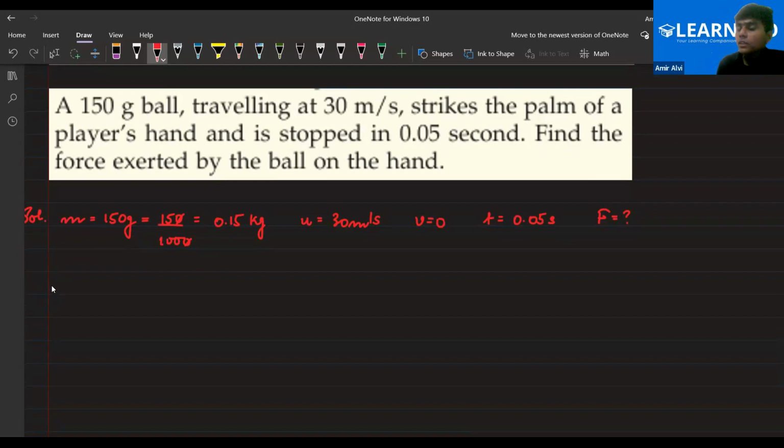First of all, we need to find the acceleration, because to find the force, acceleration should be the first thing, as force is equal to ma, right? Acceleration can be calculated using the first equation of motion. That is v is 0, because when the ball comes into the hand, its velocity will be stopped. u is 30, time is 0.05.